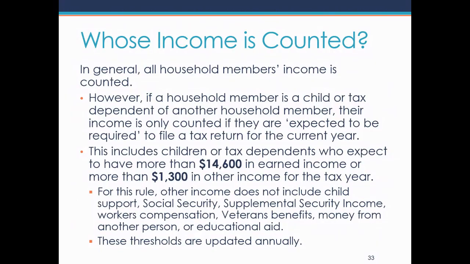So if the child or tax dependent is receiving these types of income, they're not counted when we're determining if the person meets the thresholds and is expected to be required to file a tax return. Doesn't necessarily mean that the income won't be counted when we're determining eligibility, and we'll talk about what type of income is counted when determining eligibility in a bit. These thresholds are updated annually, and these thresholds on this page were effective January 1st, 2024.